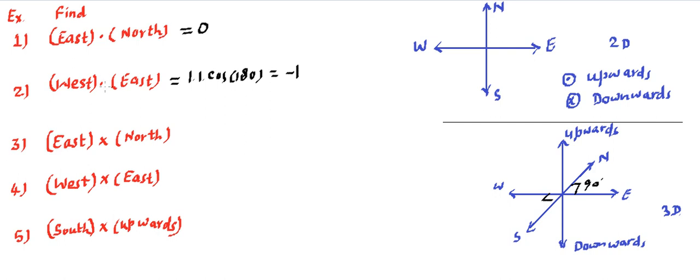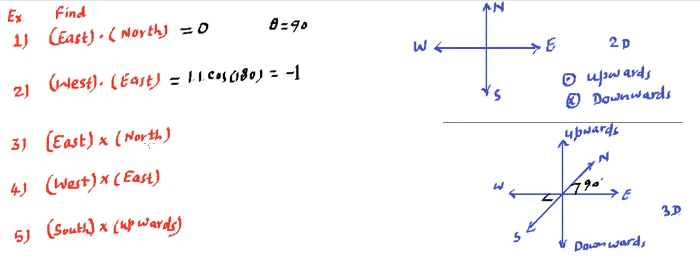So west dot east will be equal to -1, and east dot north will be 0, because here theta was 90 degrees and here theta was 180 degrees. Making sense? This is how the dot product is defined, so that we can manipulate the directions in dot fashion. Now there are three examples for a cross product, so let's check what their values are going to be.